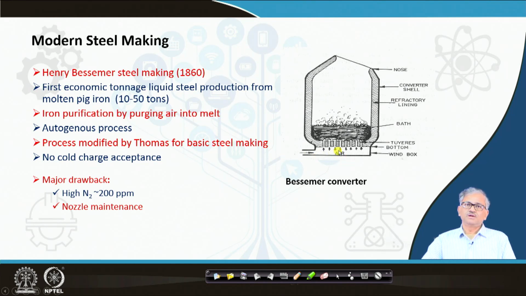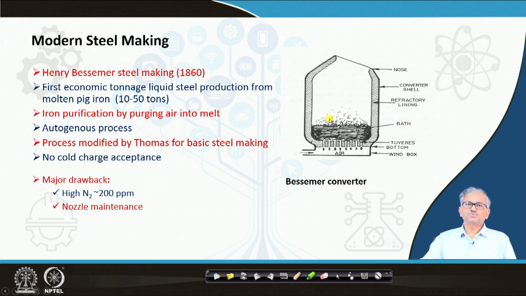You can find a lot of holes through which the air was passed, and the oxygen in the air reacts with the impurities and oxidizes them. Carbon gets oxidized to carbon monoxide and goes away to the atmosphere, and the silica, manganese, and phosphorus were oxidized and collected into the slag.